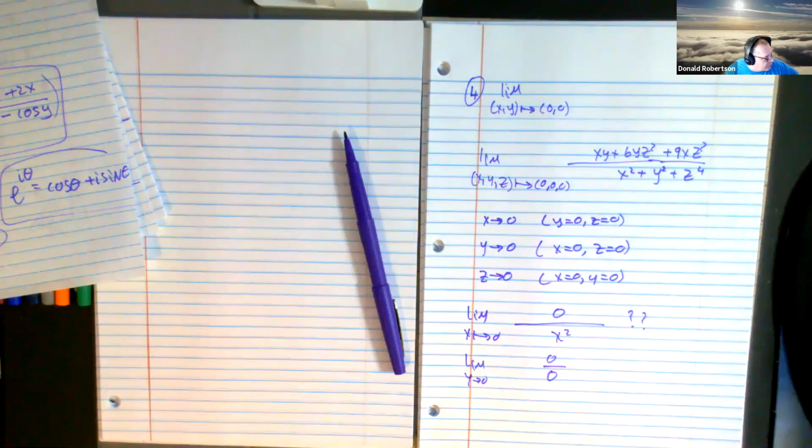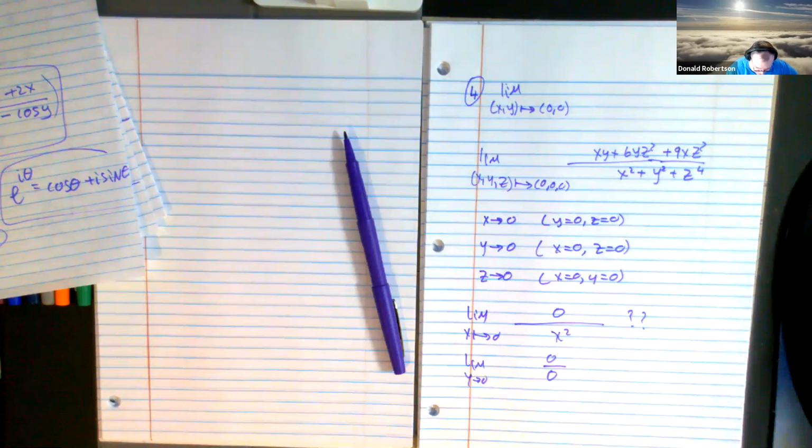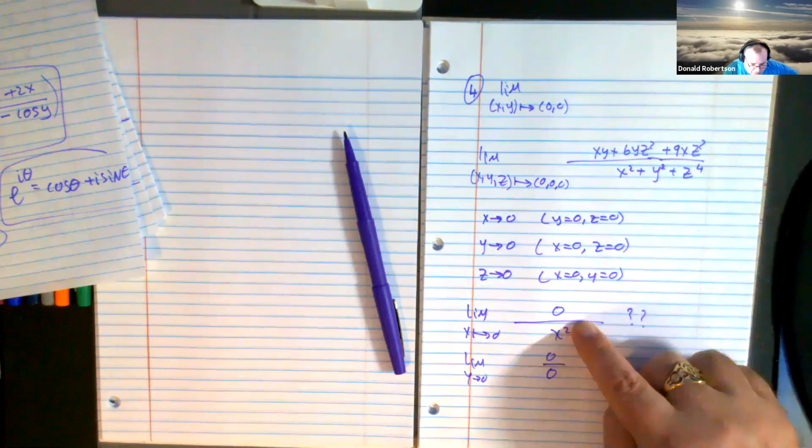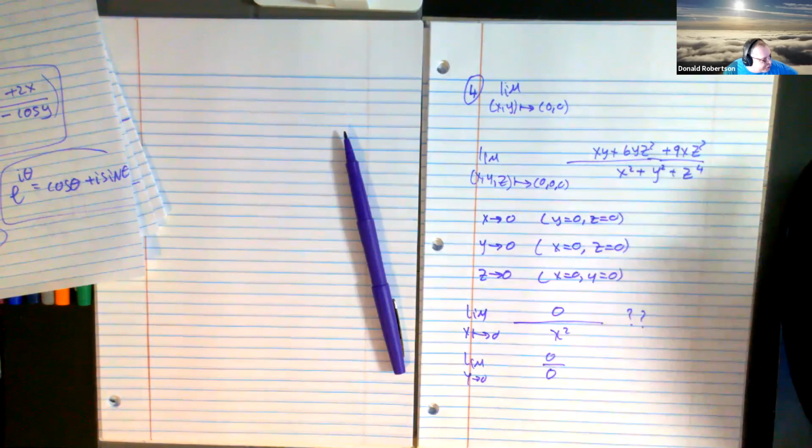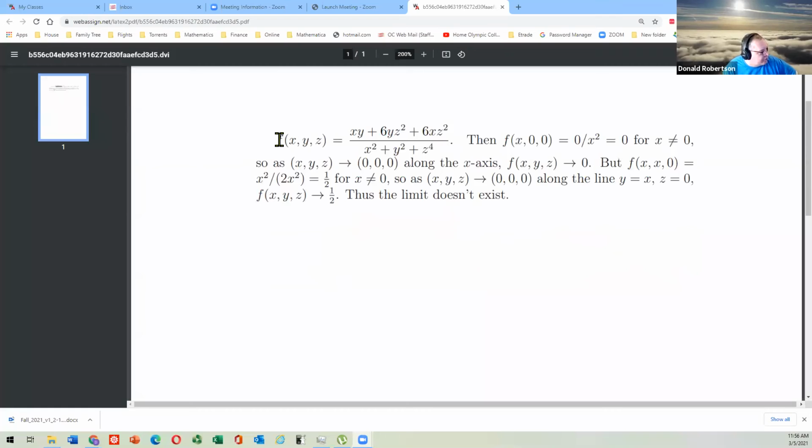Right. So the limit doesn't exist, which I was pretty much, the minute I saw that, kind of sure that that's what was going to happen, but that doesn't mean that it has. So this is what their solution looks like. Let me try and explain what they're doing. So here is the function, or at least a version of it.